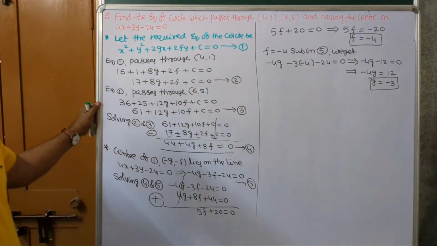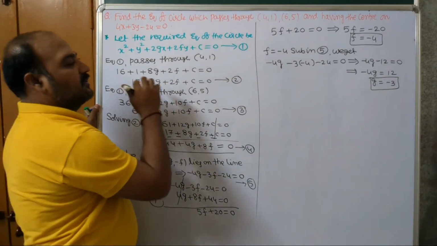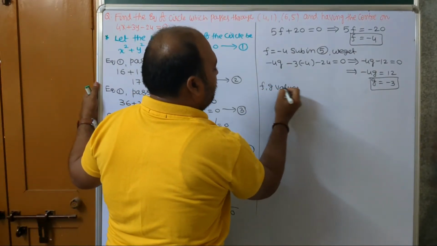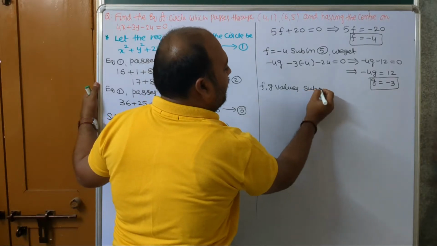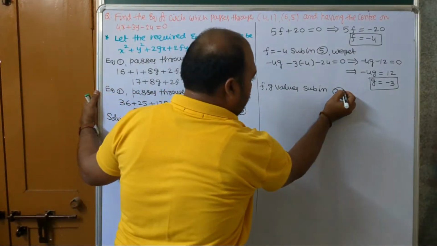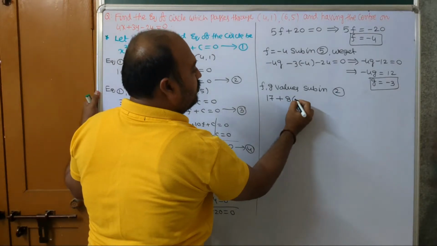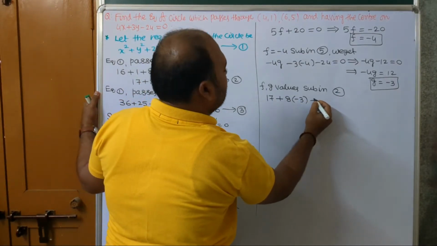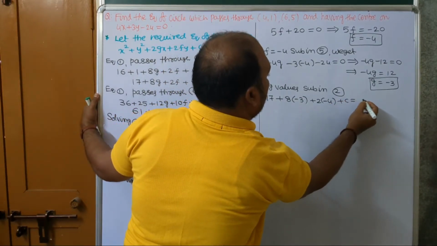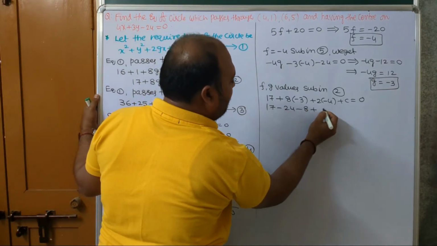So the g value and f value, we got it. To get the c value, we need to substitute these f, g values in equation 2. 17 plus 8 into minus 3 plus 2 into minus 4 plus c equal to 0. 17 minus 24 minus 8 plus c equal to 0.